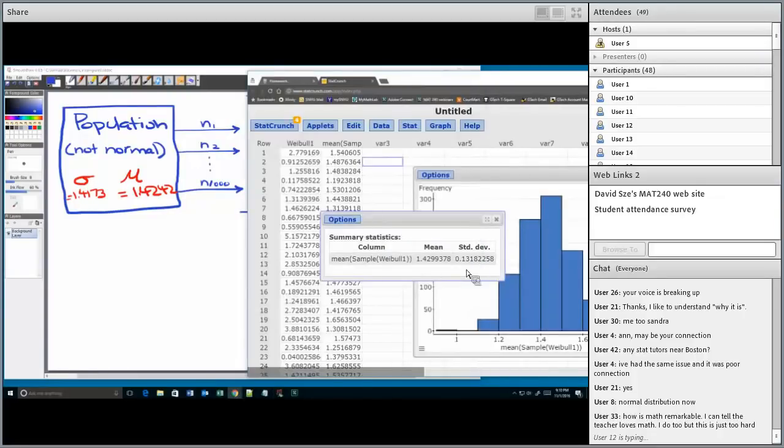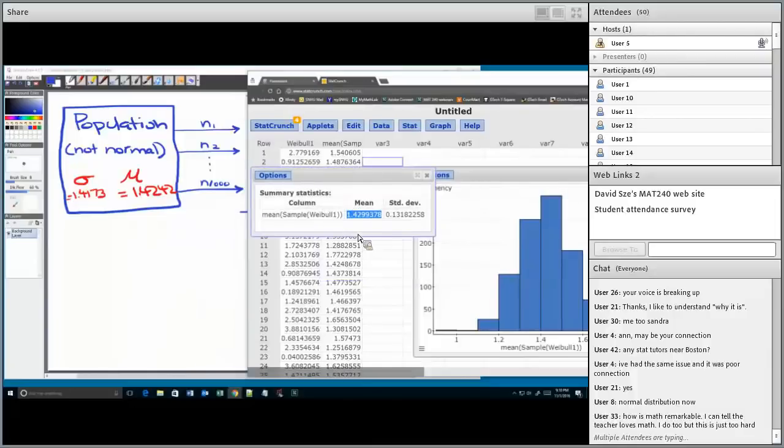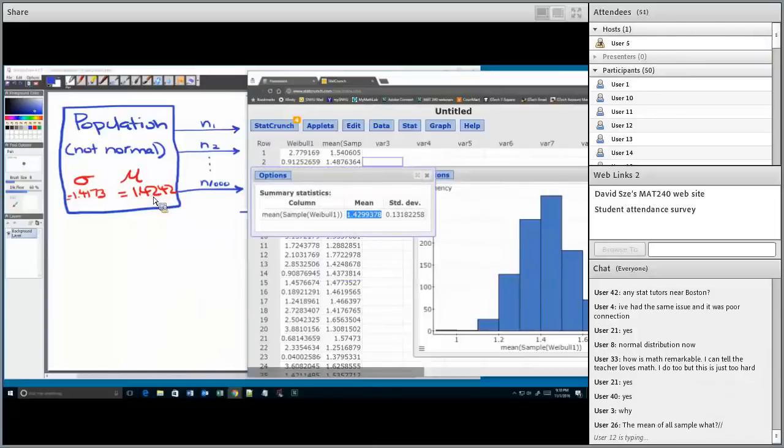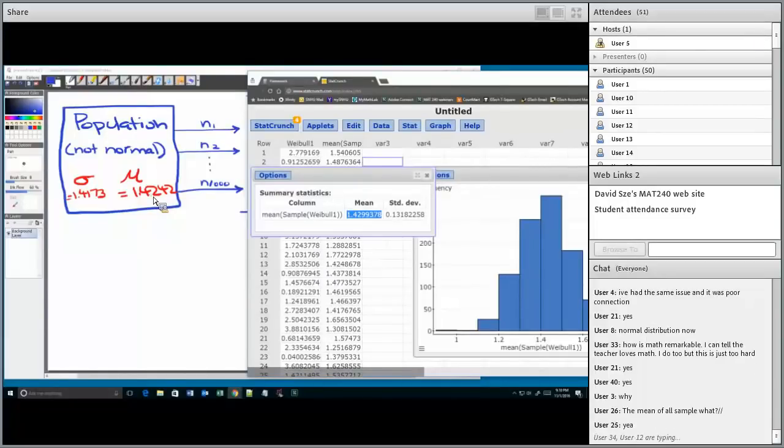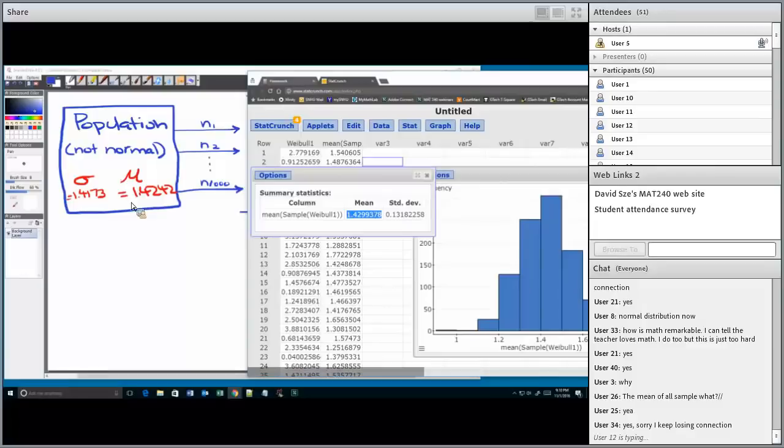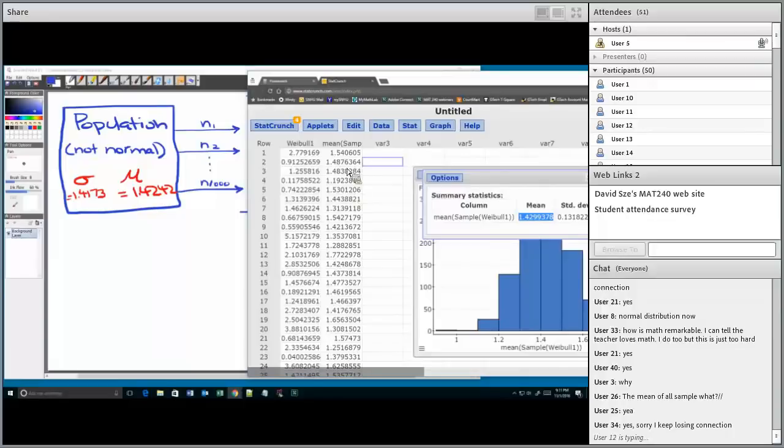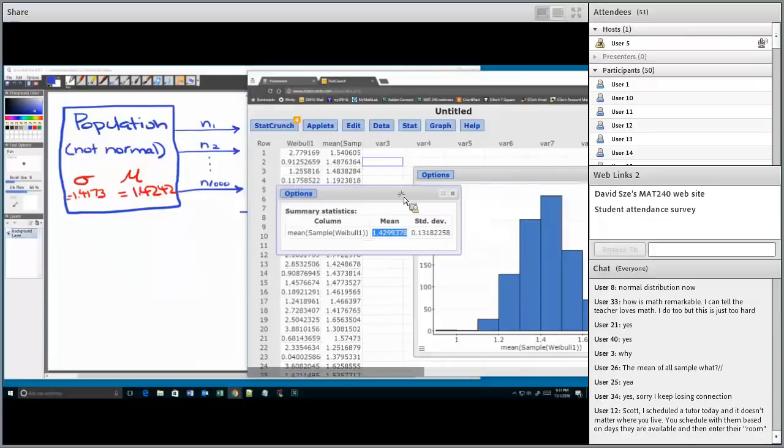Do you notice how close this is to the population mean? It's almost the same. So even if the population mean was unknown to you, you could take many samples, calculate the mean of each, then calculate an overall mean, and you will find that unknown population mean.